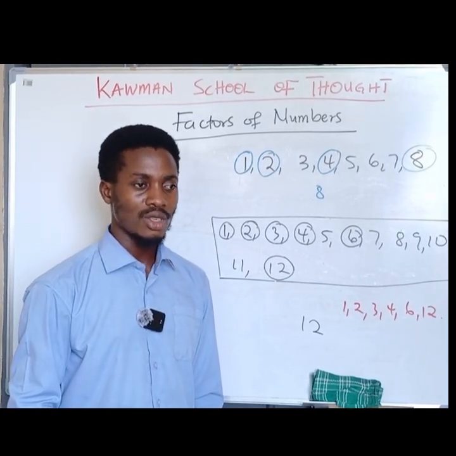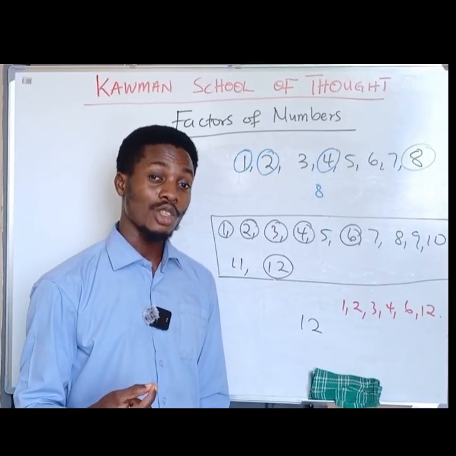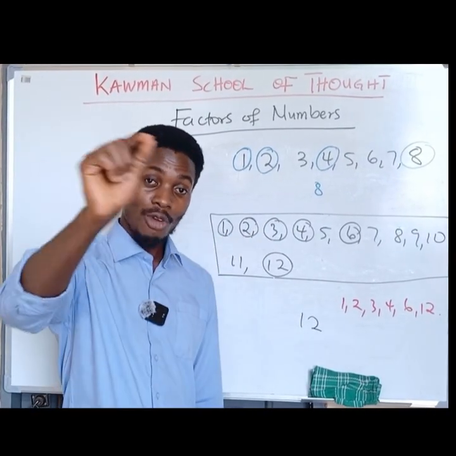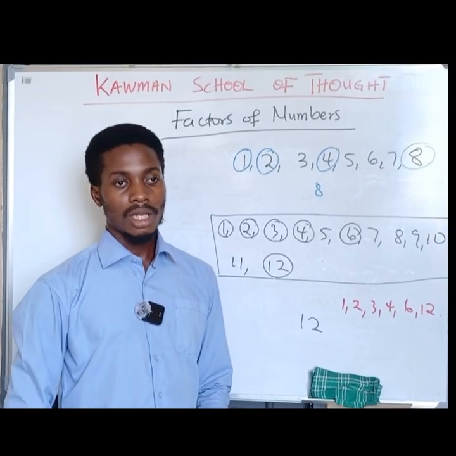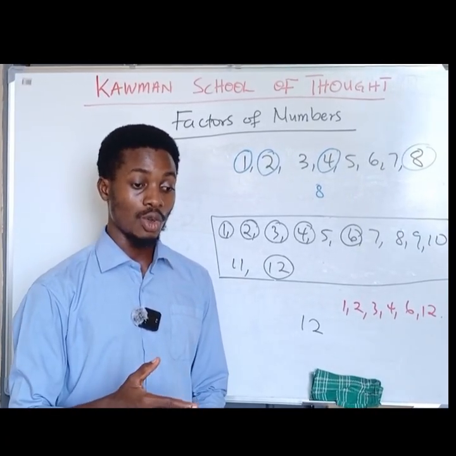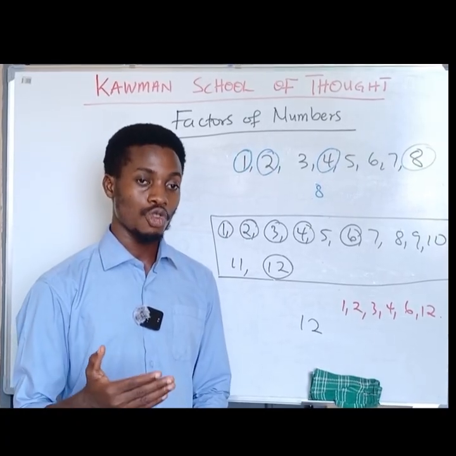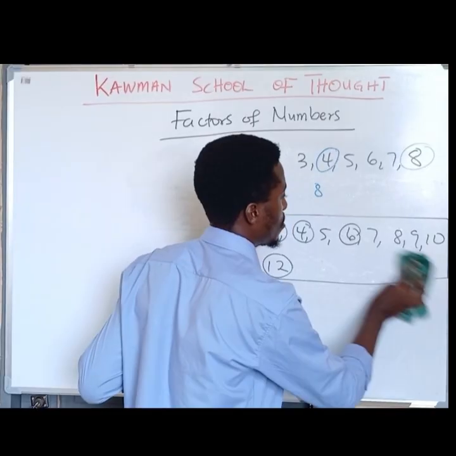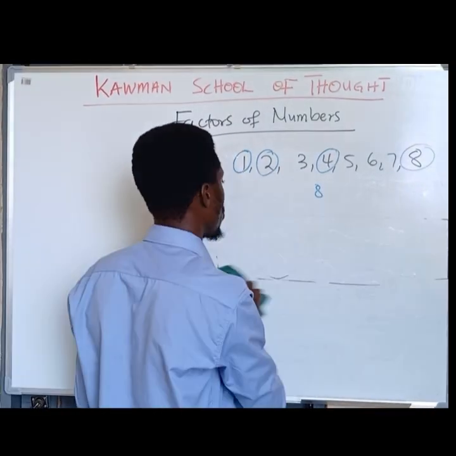Imagine you're supposed to find all the factors of 128 or even 500. Are you going to be listing 1, 2, 3 all the way up? This method is okay, but it has a lot of complications. It's okay for numbers less than 20. So what do we do? Here is a problem. I'll show you what to do.